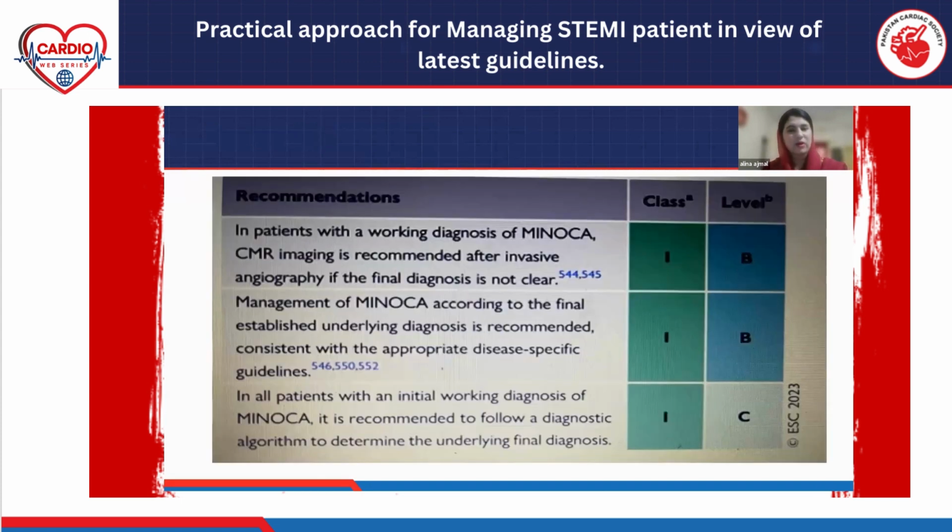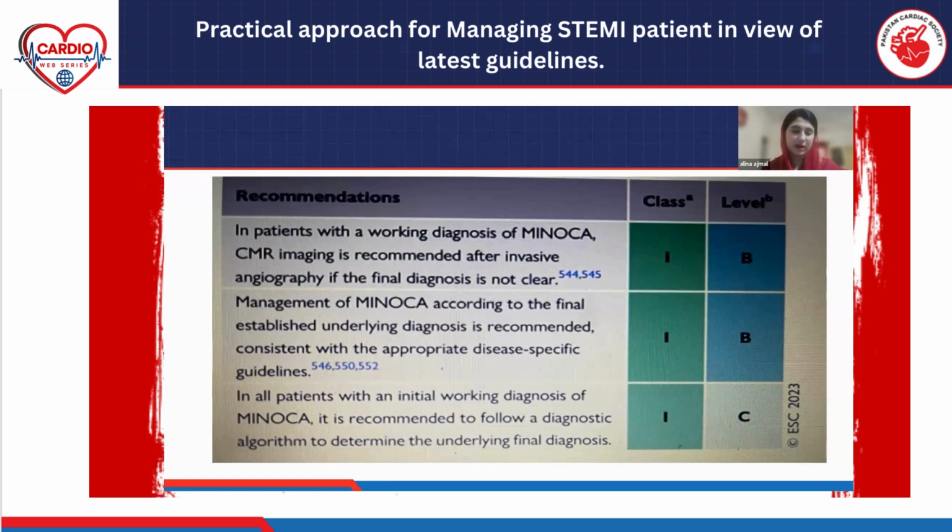These days, myocardial infarction in non-obstructive coronary arteries is a big deal. Such patients do not have any disease on the coronary angiogram, or just mild disease which you cannot say has caused such a huge myocardial infarction that led to raised troponin levels. So in patients with a working diagnosis of MINOCA, you just go for CMR. It is class 1 now.